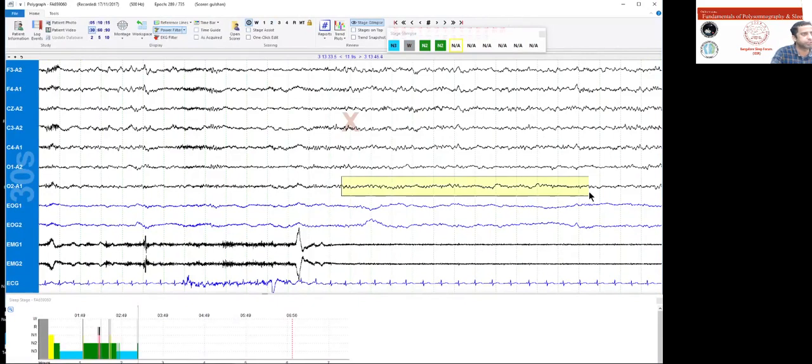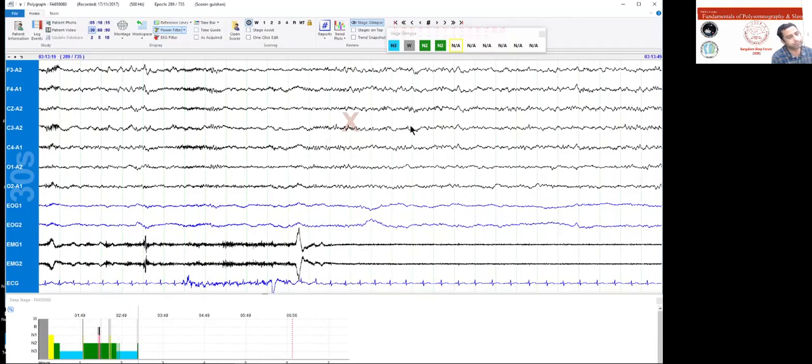Yes, we have one question now. Can slow wave activity occur in N2? If you have slow wave activity for less than 6 seconds, that is occurring in N2. Only when slow wave activity is more than 6 seconds, or 20% of the total epoch, is it N3.